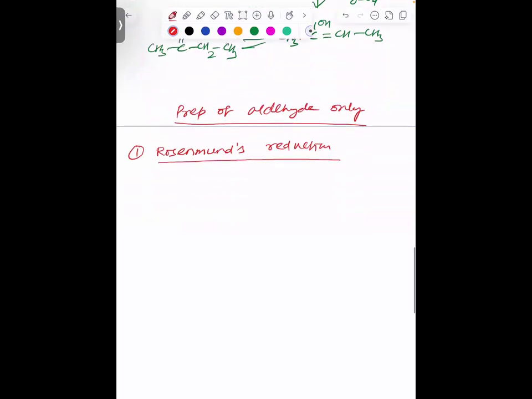In Rosenmund's reduction, which reactant do we have to take? We have to take acid halide, H2, then palladium in the presence of barium sulfate. So acid halide will be reduced to give aldehyde.